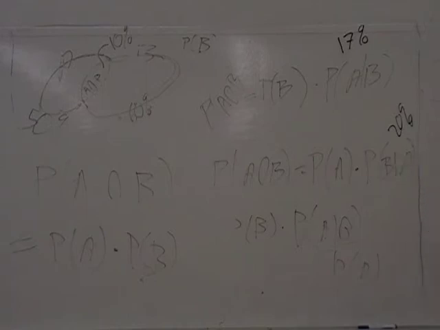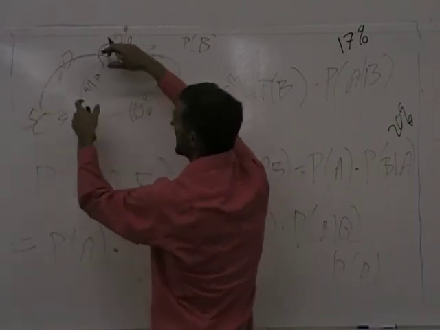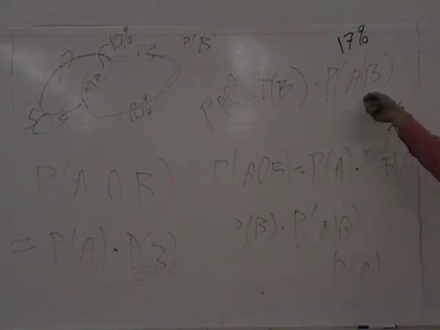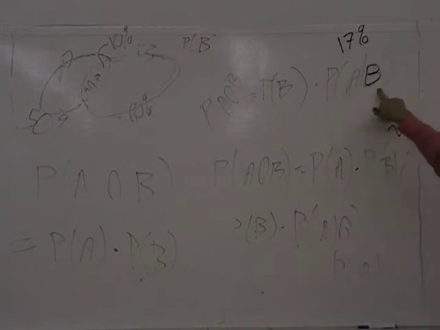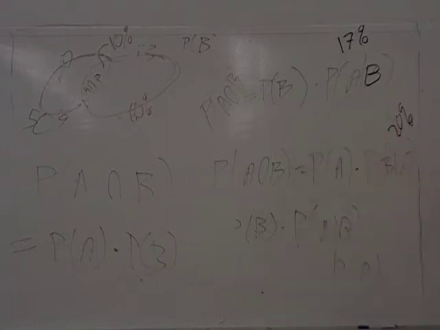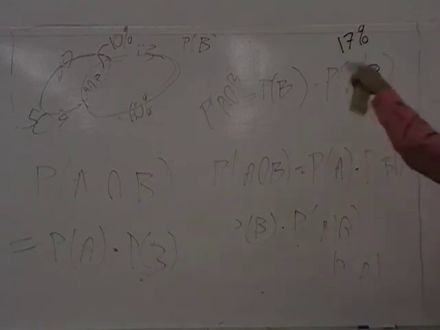If the probability of A given B, the probability of A in the context of B restriction, was equal to the probability of A, meaning that the conditional probability did not impact the probability of A, then we have independence.